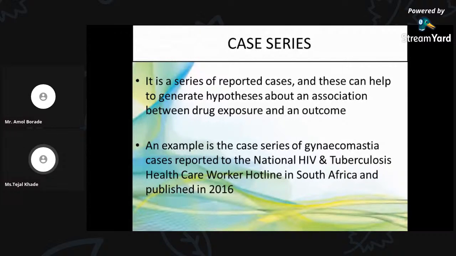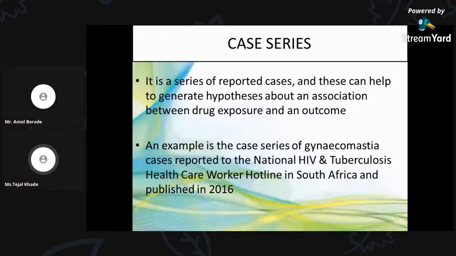An example of a case series was published in 2016. It is about a case series of gynecomastia, which was reported to the National HIV and Tuberculosis Healthcare Worker Hotline in South Africa.